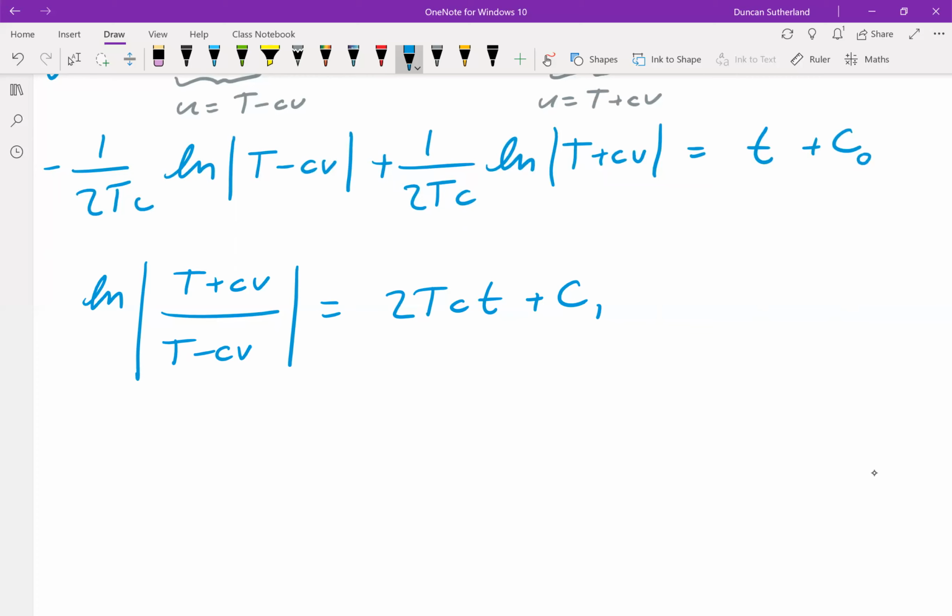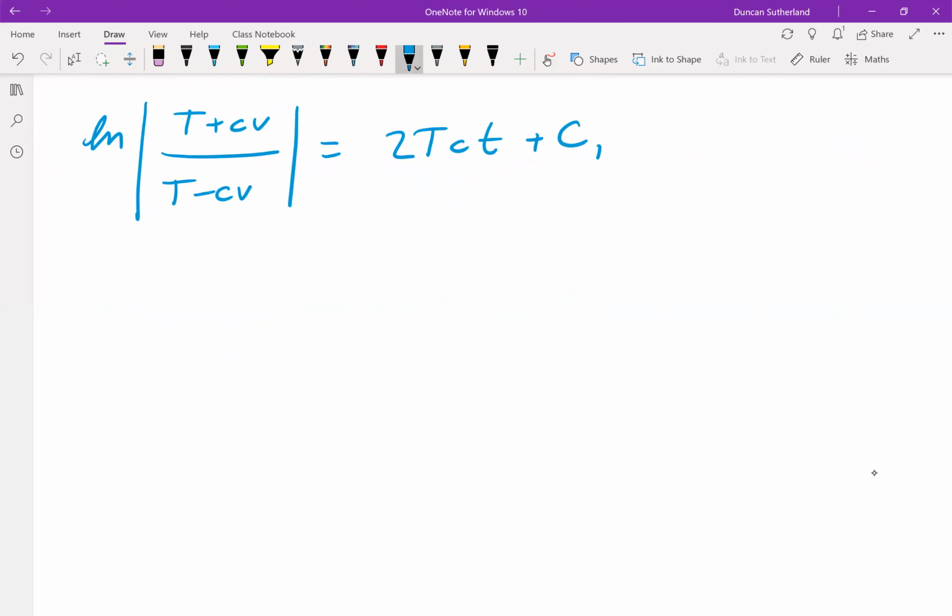Okay, so we get this expression. Now we can exponentiate, rearrange the constant, and get rid of the absolute values.